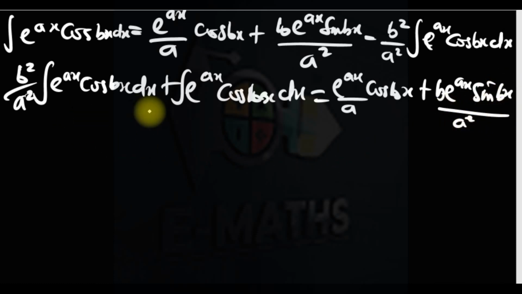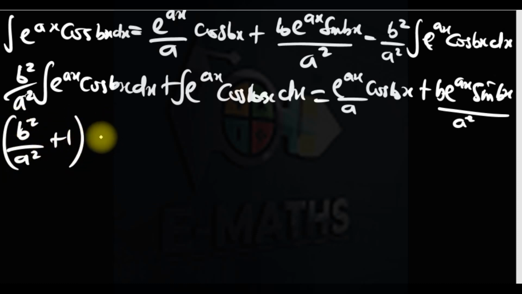What is common here is this and this. I factor that, so I will be left with b squared over a squared plus 1, times the integral of e raised to power ax cos bx dx.